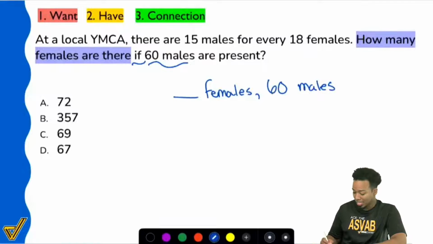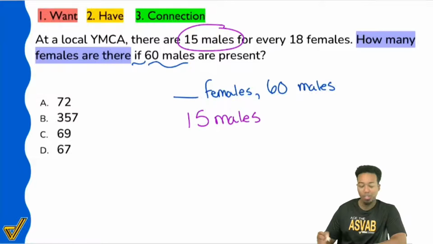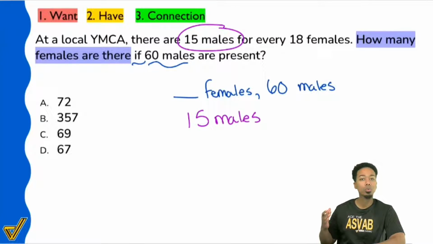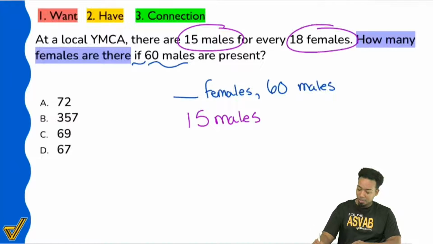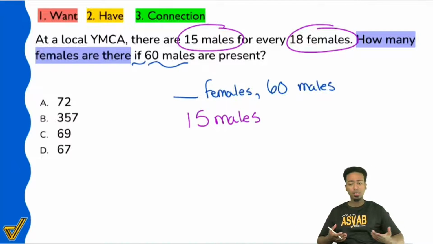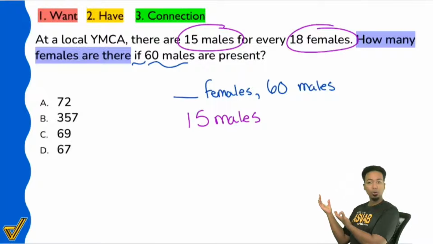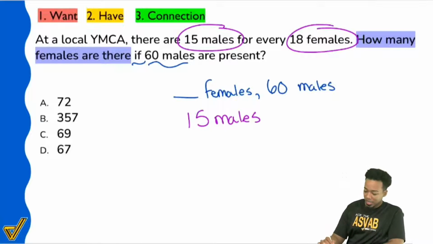A possible mistake that a lot of folks might make is they'll write the 15 males first. But everybody, as soon as you write that down, what rule are you breaking? The moment that I write down 15 males and then I have the 18 females, I'm thinking, yeah, I got to write it in order, males first and females second. But it's backwards already, because when we wrote the question down, it said females first and then males.